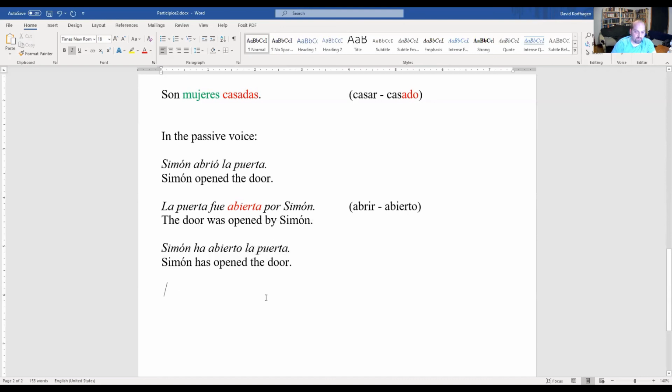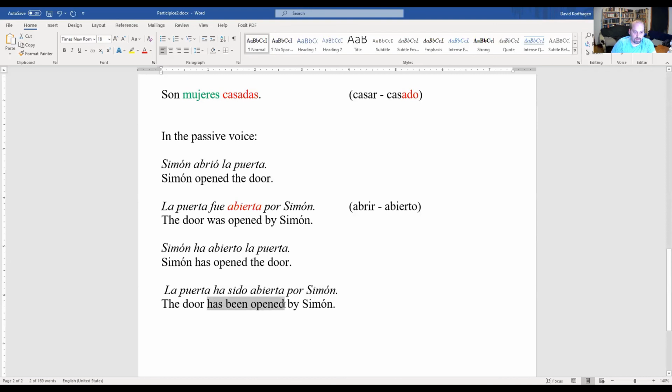But then it would change if we make it passive voice, right? Then it would become la puerta ha sido abierta por Simón. So it's the door has been opened by Simón.